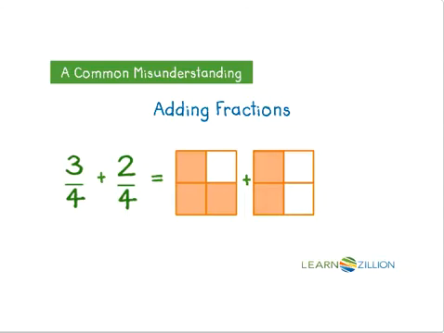When we draw 3/4 in a model, we see that in order to add 2/4, we need another whole. And then we use one of the fourths from the 2/4 to complete the 3/4 and to create a full whole there. And so our answer goes from 5/4 to 1 1/4.